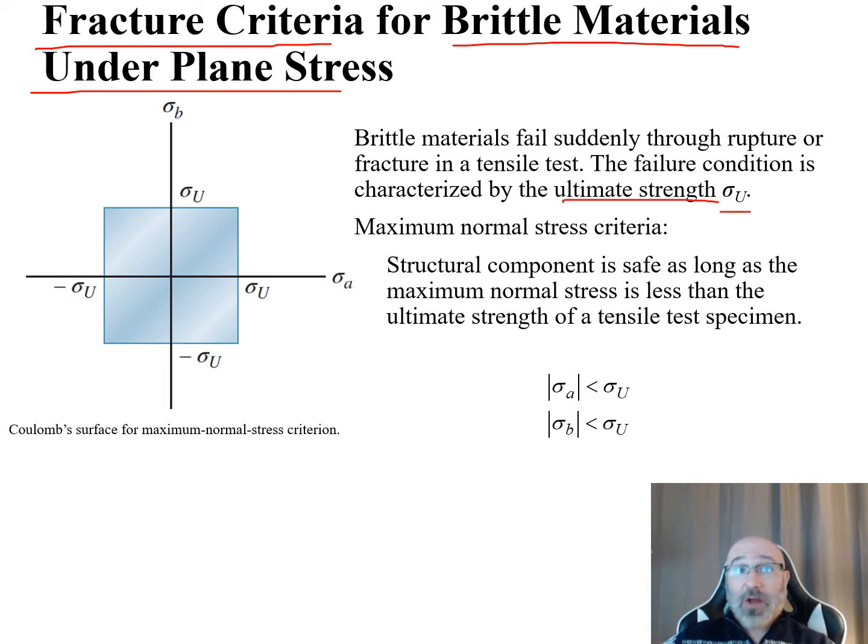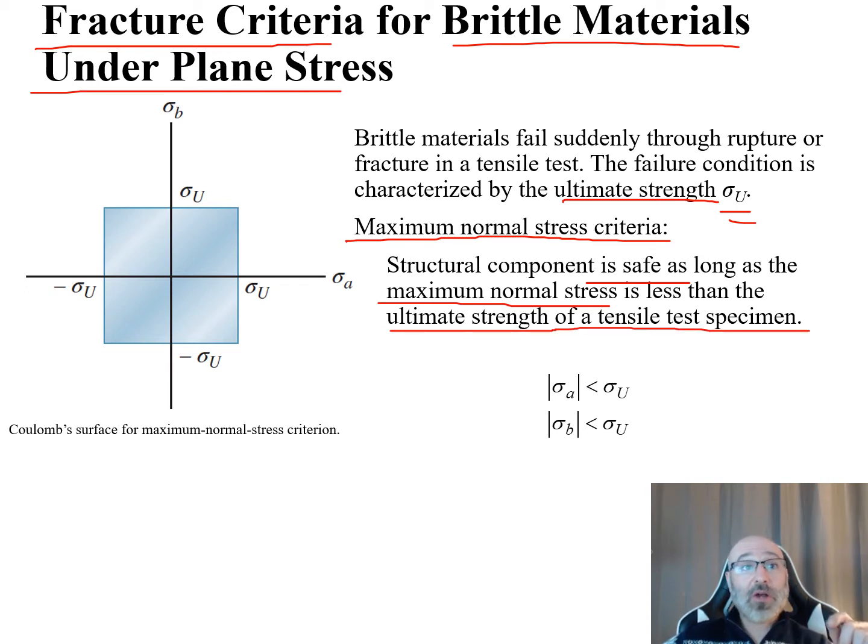If we come down now, we can see our maximum normal stress criterion, which states that a structural component is safe as long as the maximum normal stress is less than our sigma sub u, the ultimate strength of this tensile test specimen.